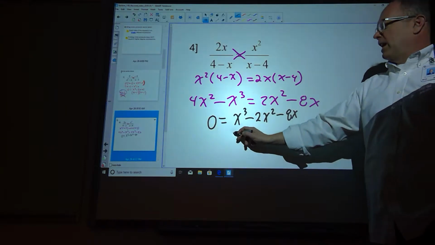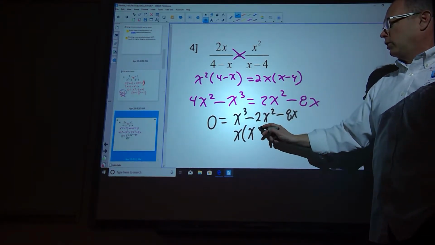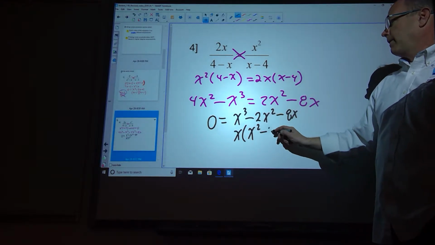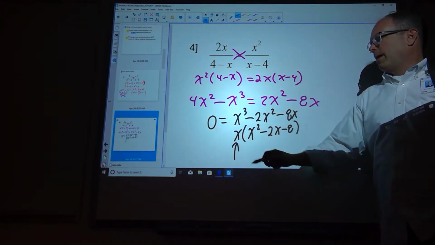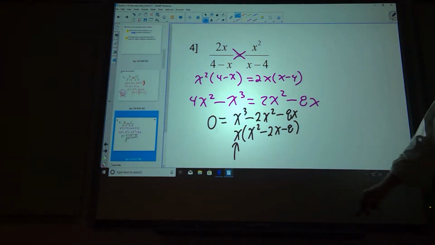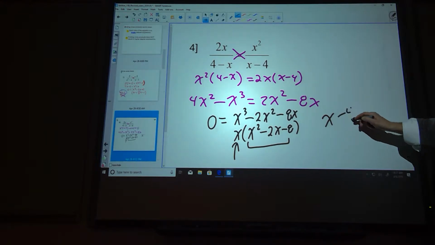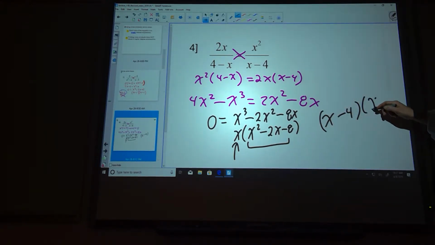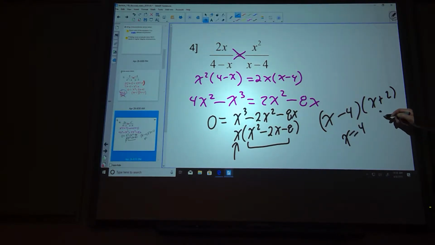You can go ahead and factor out the x, but remember it says that this does not increase our degree. So I'm not going to be worried about this increased x as a solution. I take a look at this and I realize I have x minus 4 and x plus 2. If I plug those in, I get x equals positive 4 and I get x equals negative 2.